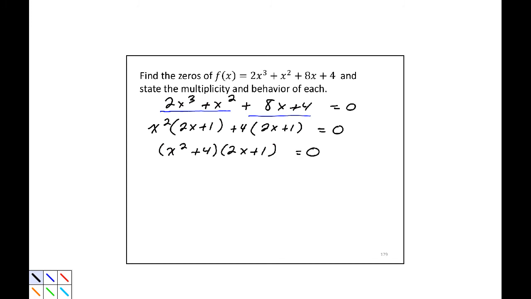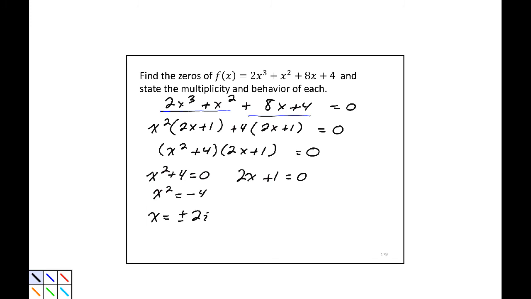Setting each of those factors equal to 0, we have x squared plus 4 equals 0, 2x plus 1 equals 0. The first equation will give us x squared equals negative 4, and taking the square root of both sides, we see that x equals plus or minus 2i.